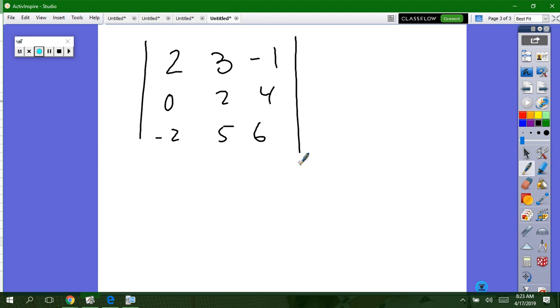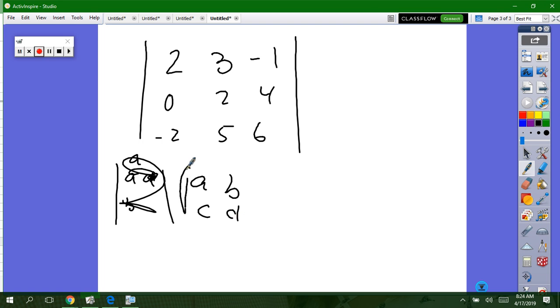Okay. Now, if you recall, when we did a 2 by 2, didn't we basically subtract? We took this and subtracted this, right? That was our determinant.